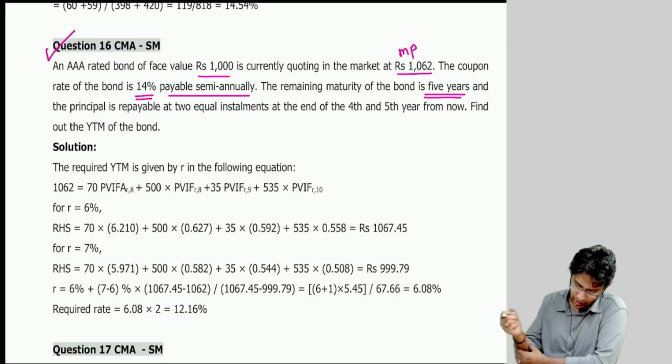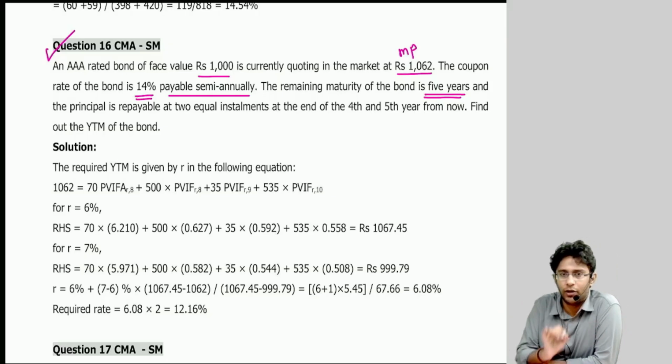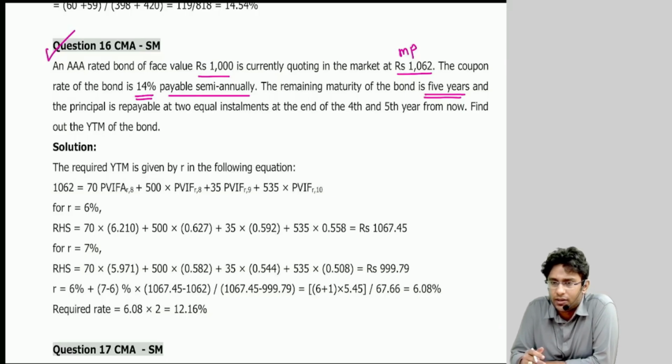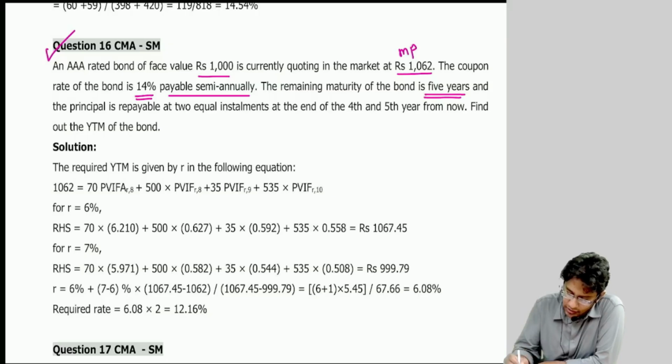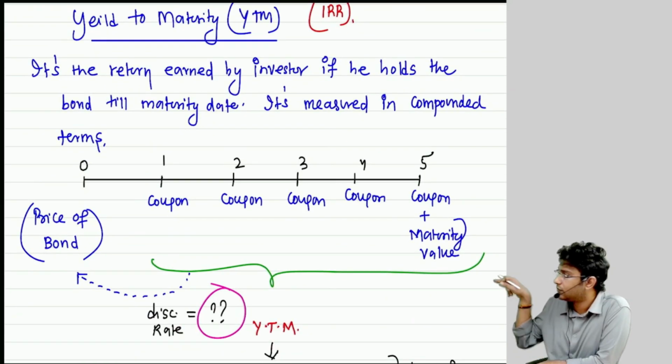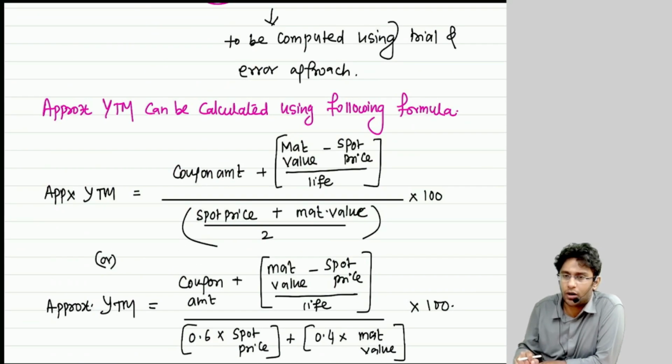Now, there is one small problem we are facing. What is that problem? Maturity value is not coming at the end of the 5th year. It is coming partly in 4th year and partly in 5th year. Since your cash flows are not falling in this kind of pattern, this formula will not work.